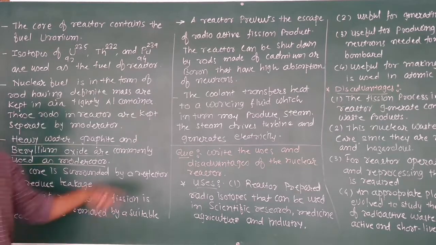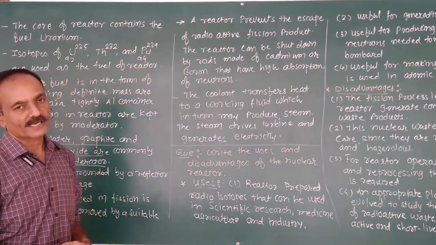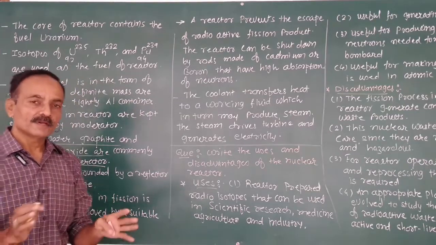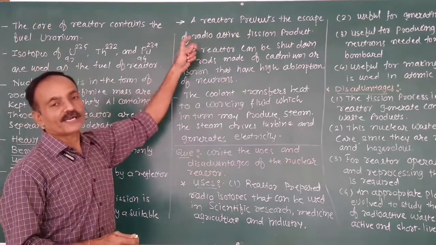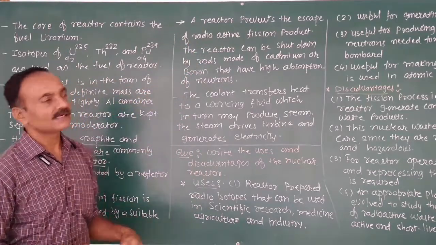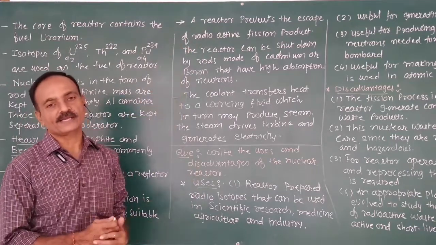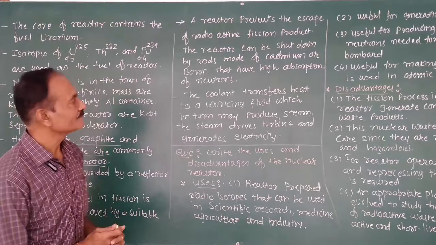Right? A reactor prevents the escape of the radioactive fission products. Due to the fission process, what products are produced? The reactor also prevents the escaping of these radioactive fission products from the core material.